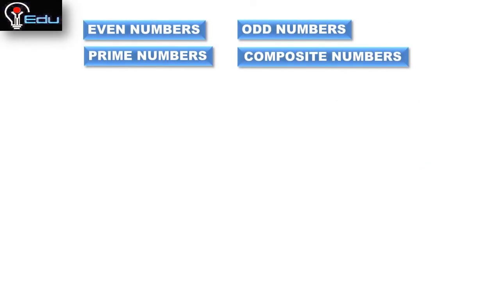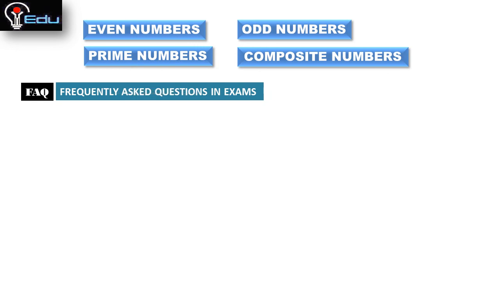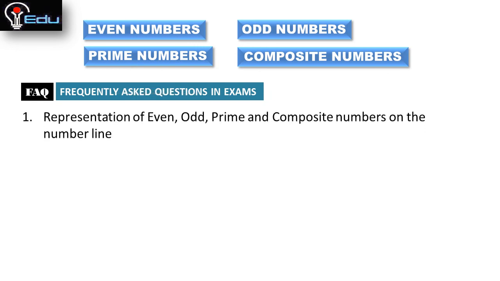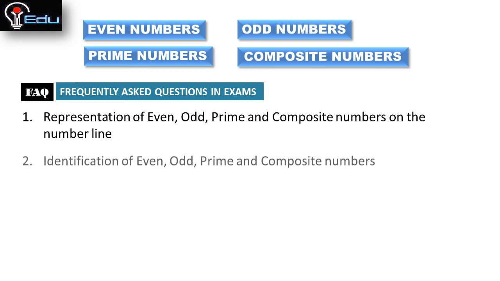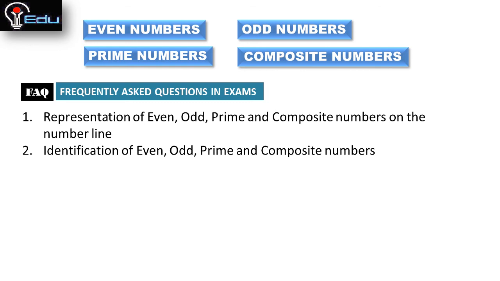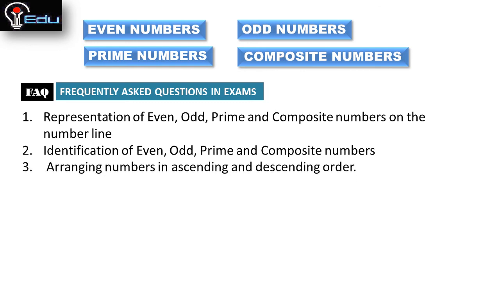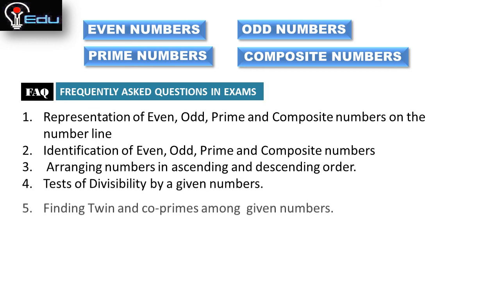Next are frequently asked questions in exams regarding even numbers, odd numbers, prime numbers and composite numbers. The first is the representation of even, odd, prime and composite numbers on the number line. Identification of even, odd, prime and composite numbers. Arranging numbers in ascending and descending order. Tests of divisibility by given numbers.